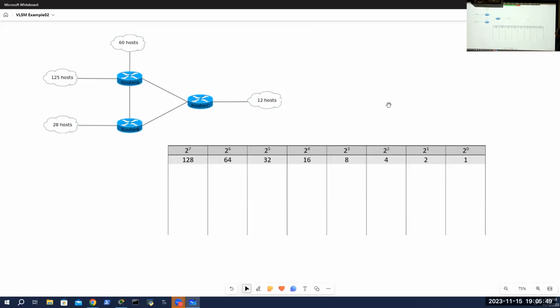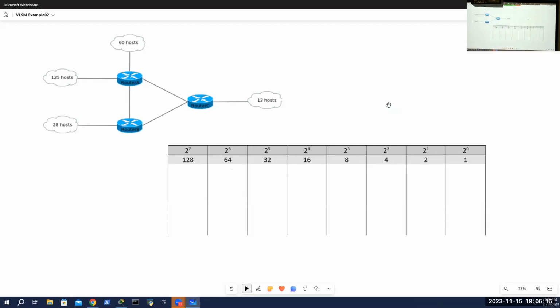So with this problem, you do it the same way. You want to know how many LANs you have, how many WANs you have, but your total number of networks is going to be 1, 2, 3, 4, plus the WANs is 7. And then you just start by subnetting and accommodating the most hosts, 125.